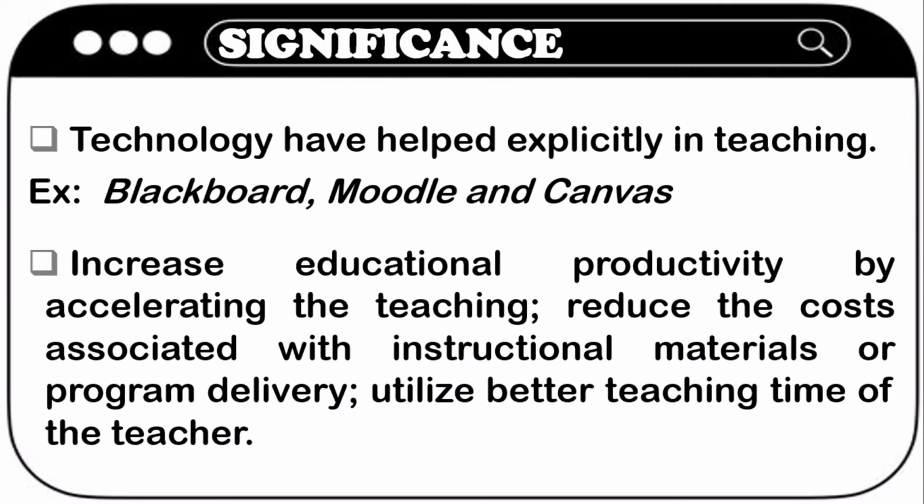Technology enhanced teaching lesson exemplars increase educational productivity by accelerating the teaching, reduce the costs associated with instructional materials or program delivery, and utilize better teaching time of the teacher.